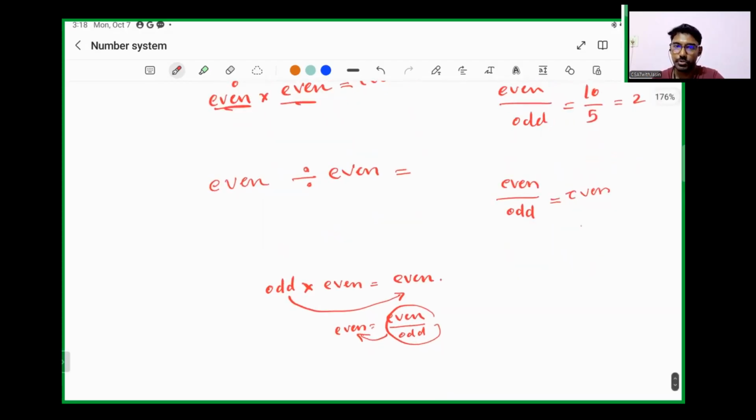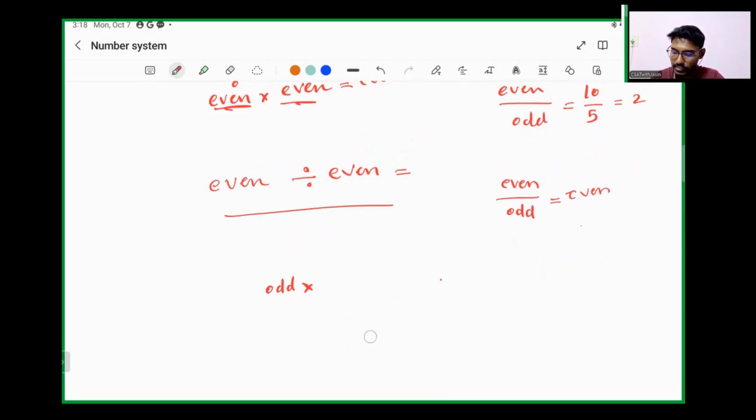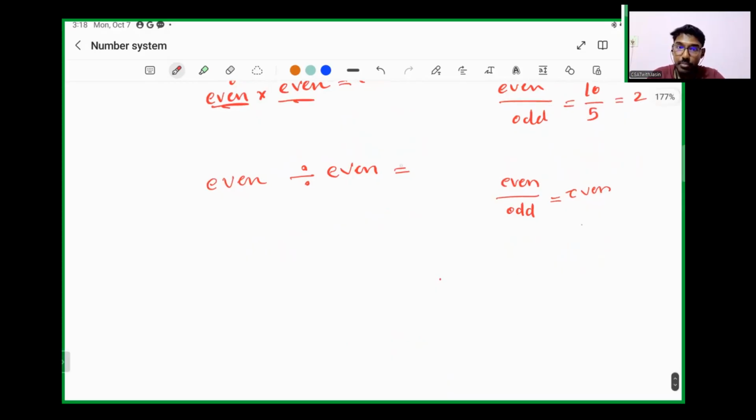Now, what about even by even? Some of you said that even by even is odd, and some of you said that even by even is even itself. What do you think? Even divided by even. It can be both.